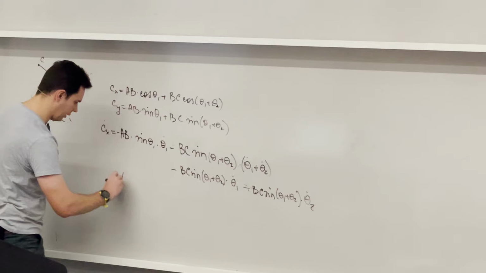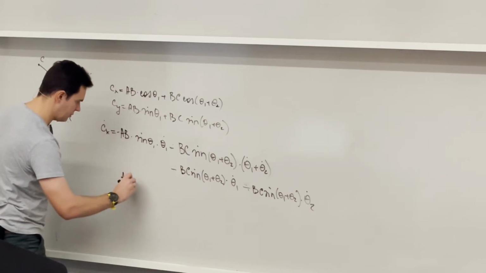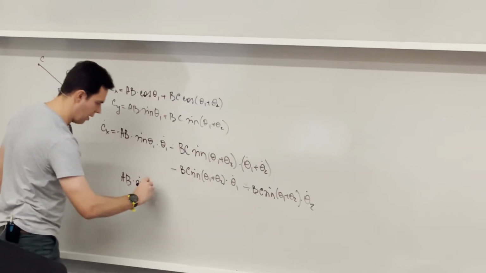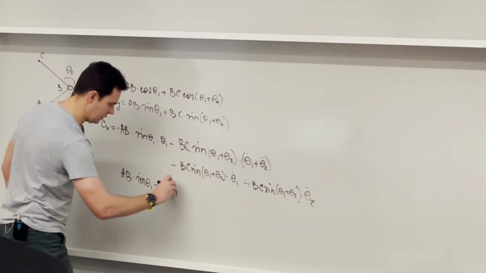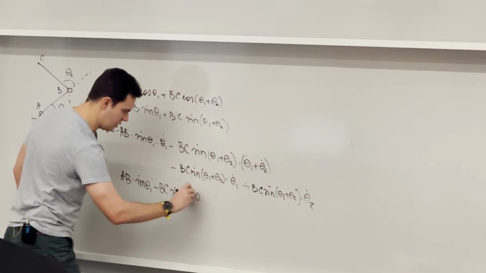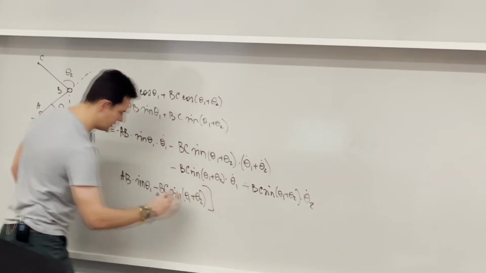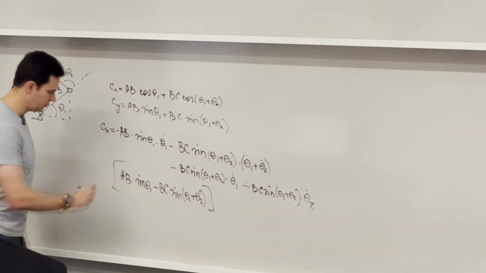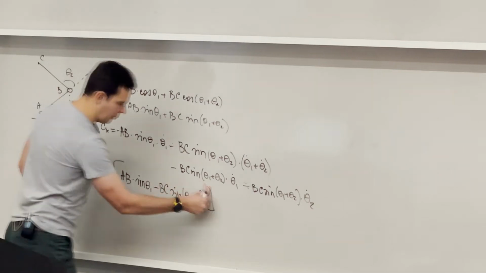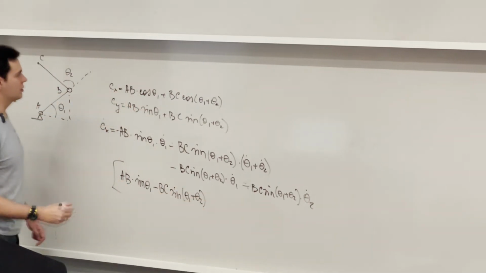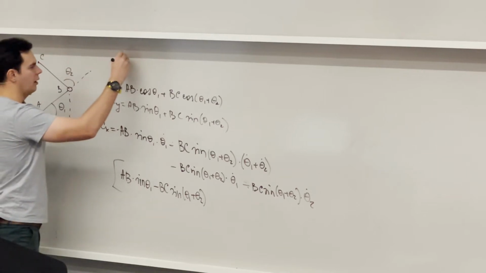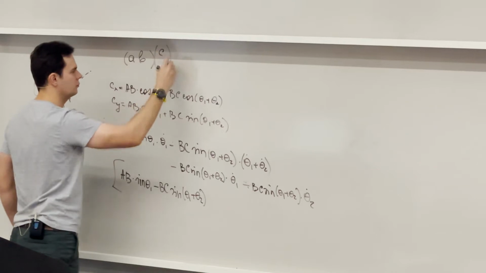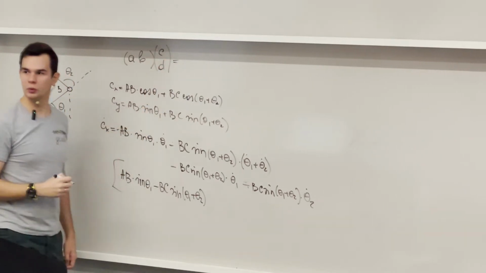We can write the following: minus AB times sine θ1 minus BC sine of θ1 plus θ2, and all of this has to be multiplied with θ1 dot. Okay, so we can actually make a matrix. It's like, if you do remember, the row AB times the column CD will be, what will it be?